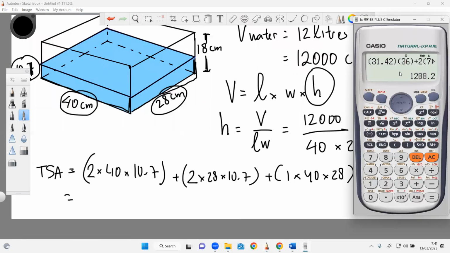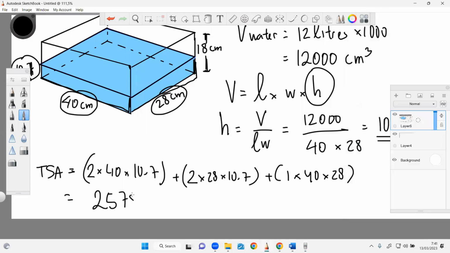I put it like this: bracket 2 times 40 times 10.7, because the length and the height have two sides in contact with water, and 2 times 28 times 10.7, the width and the height, two faces also, plus 1. I don't have to put 1 because 1 times anything is the number itself. There you go. The answer will be 2575.2.